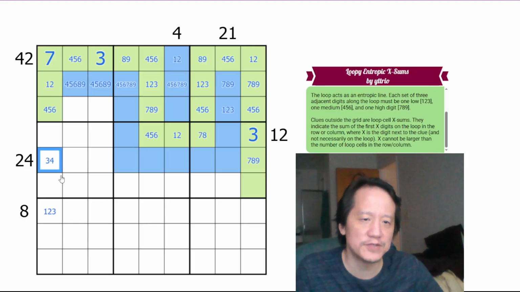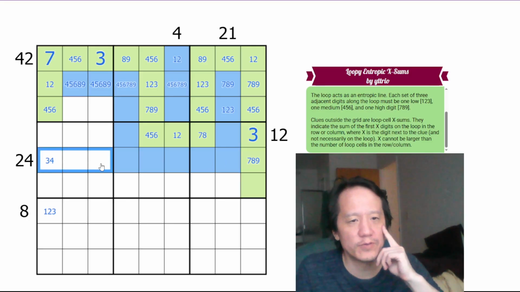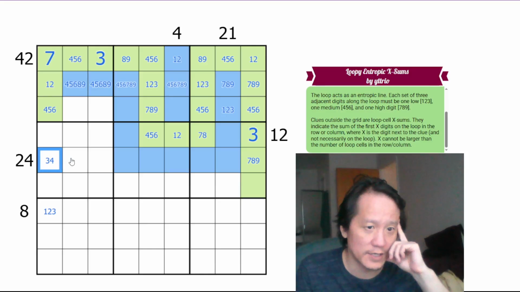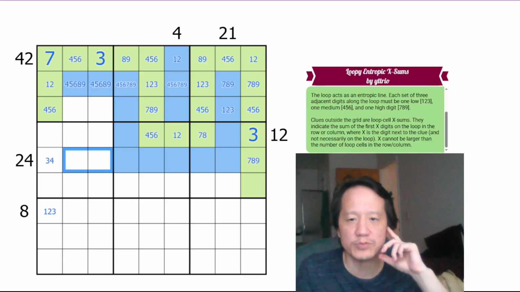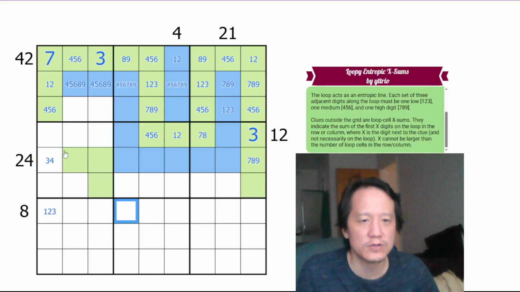If this is on the loop, it has to be 4. So it has to be these 2 cells on the loop, which makes it all 3 of these cells on the loop. If this is not on the loop, that means it would have to be 3, and these 2 would then be on the loop. So either way, these 2 are always on the loop. It must go down here to connect.